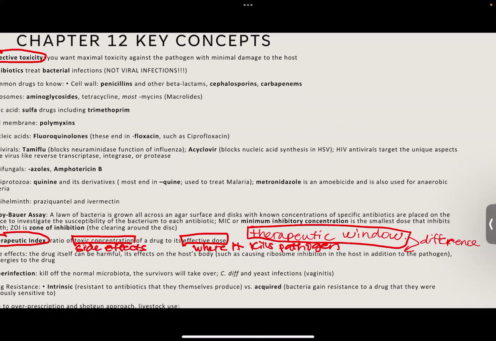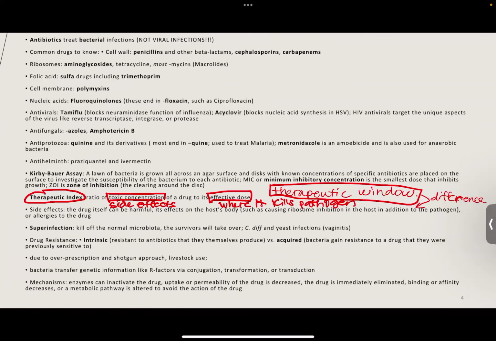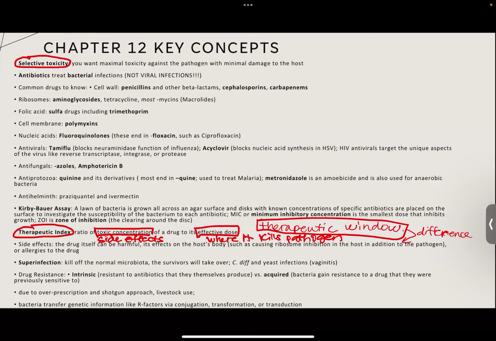So that's the therapeutic window, that difference between the two. So you want a big difference. You want a big therapeutic window. You want that therapeutic index to be far away from 1. And that concept is all driven by the concept of selective toxicity. Those are all different things, but they all play within that idea of selective toxicity.